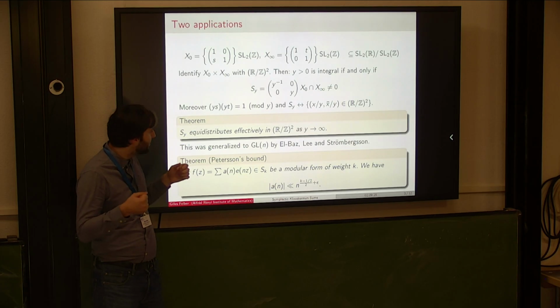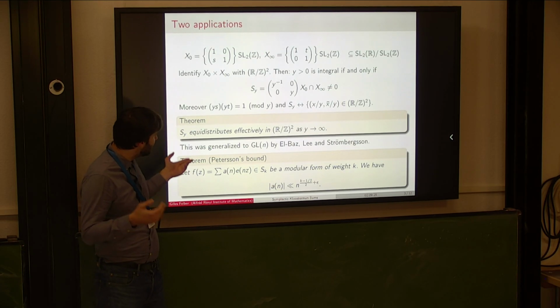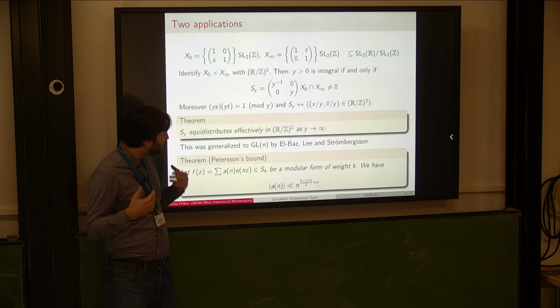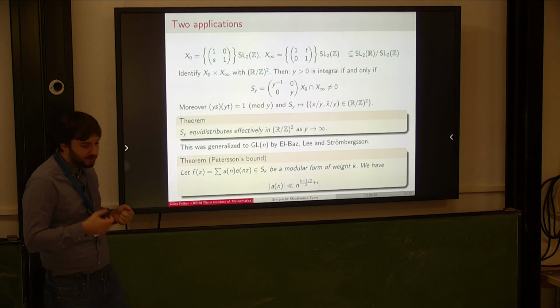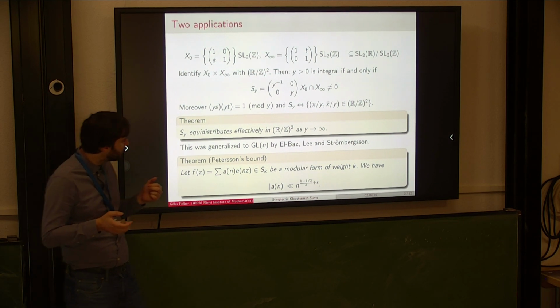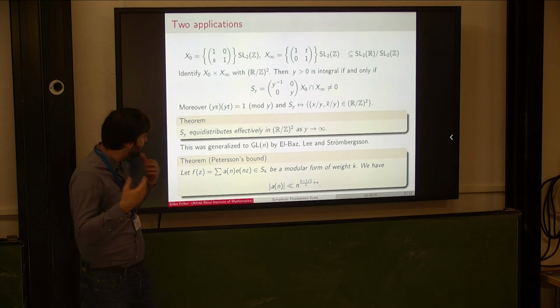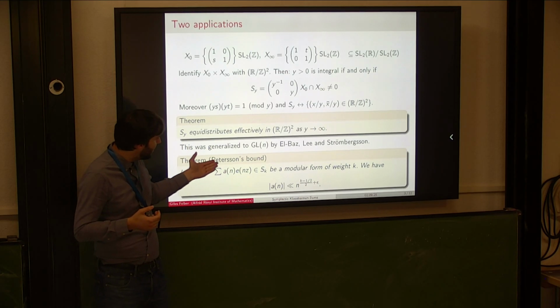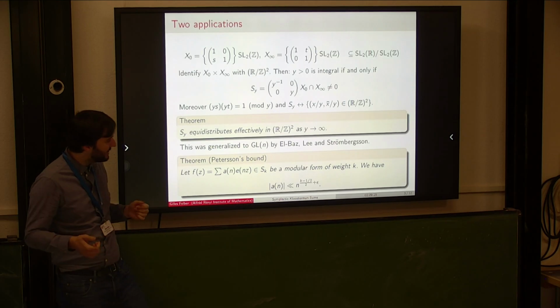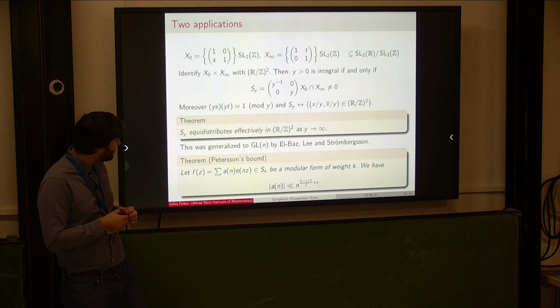Using the Weil bound, you can quickly show that this set distributes effectively in (R/Z) squared as y goes to infinity. And if you have non-trivial bounds on these GL_n Kloosterman sums, then you can generalize this result to the same question over GL_n, and this was done by Erdélyi, Tóth, and Strömbergsson, even in more generality.